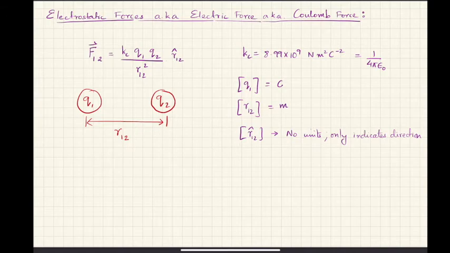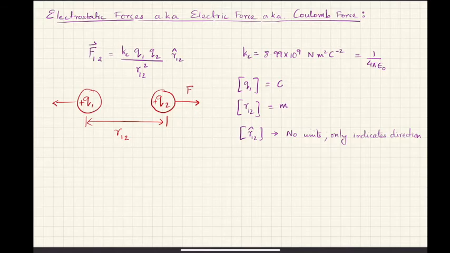So they're separated by a distance R1,2, and we want to know, for example, what is the force that acts on object 2 due to object 1, right? So say, for simplicity, let's assume that they're both positive charges, then we know that they're going to be repelled, and so we know that the forces are going to act away from each other.